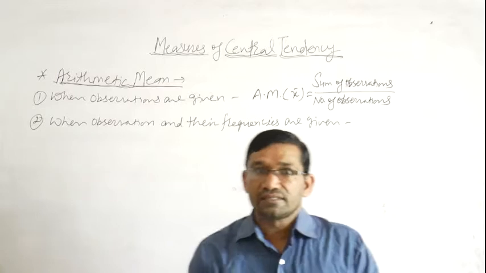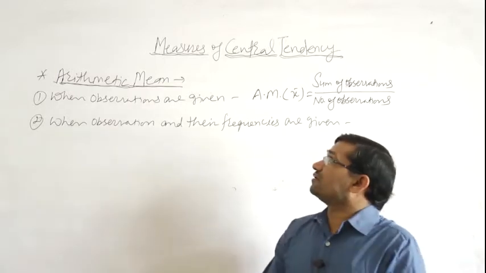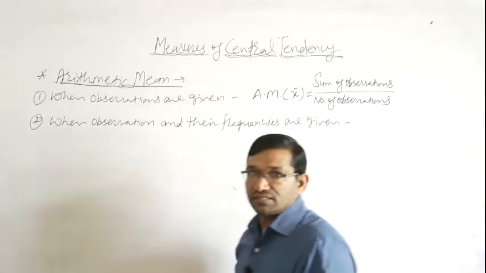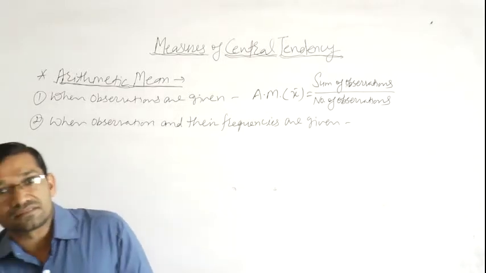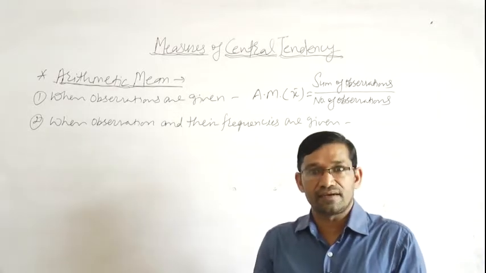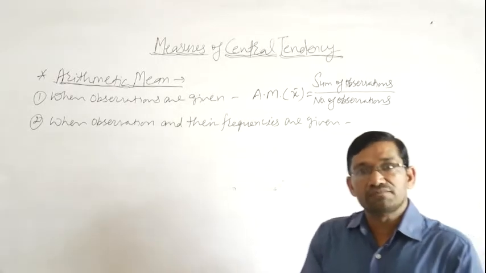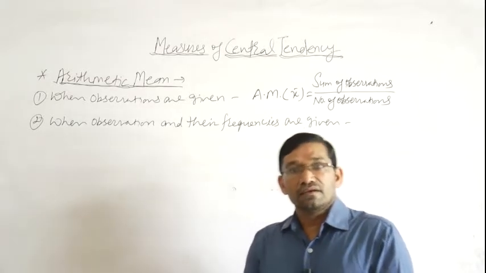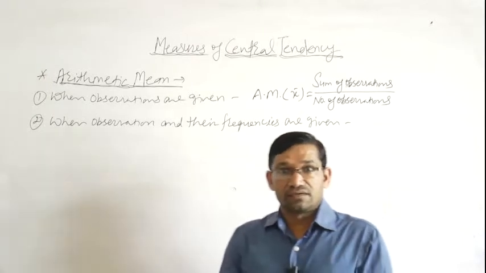Good morning, students. Today we start a new topic of measures of central tendency. In the previous class, we studied what is meant by central tendency and measures of central tendency. Then, what is average?